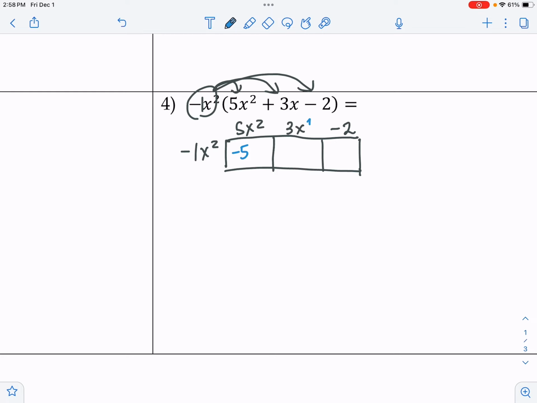X squared and x squared would be x4. Negative 1 times 3 is negative 3. X2 and x1 is x3. And then negative 1 times negative 2 is positive 2, and we still have the x2. So our final answer would be negative 5x to the 4th minus 3x cubed plus 2x squared.